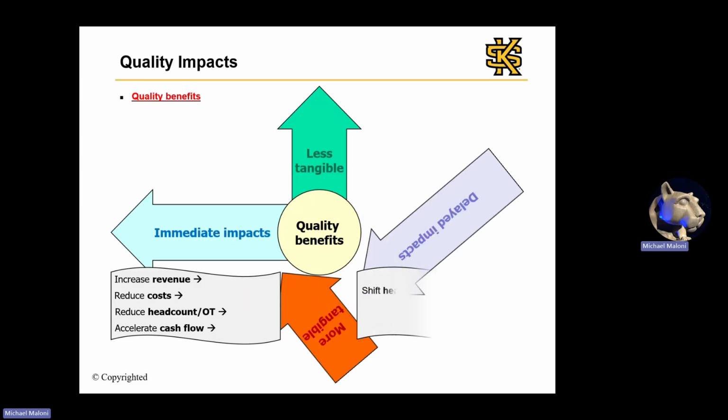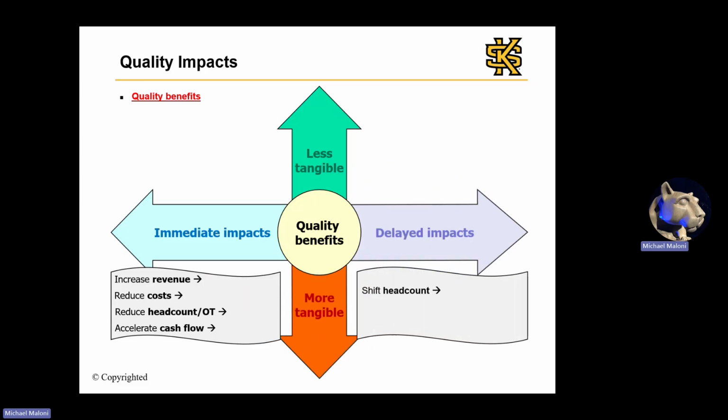Tangible but delayed, meaning slower quality benefits, include shifting headcount, meaning we move employees who are no longer needed in the problematic areas. And we can improve productivity, meaning a higher ratio of outputs over inputs. So we get more outputs with the same inputs or the same outputs with fewer inputs.